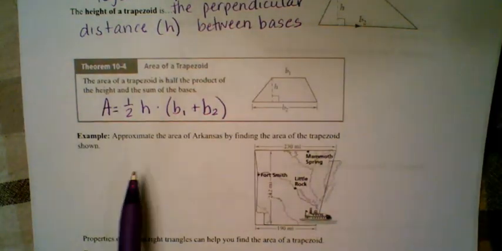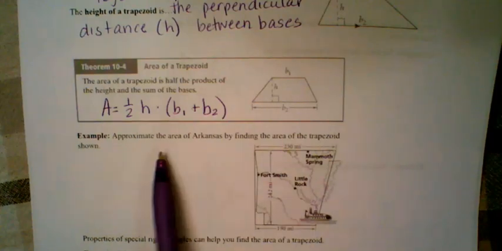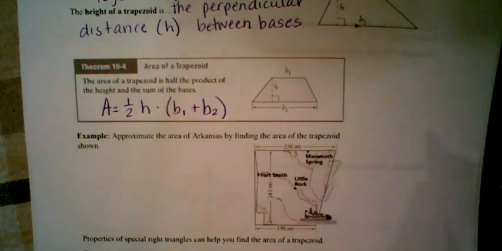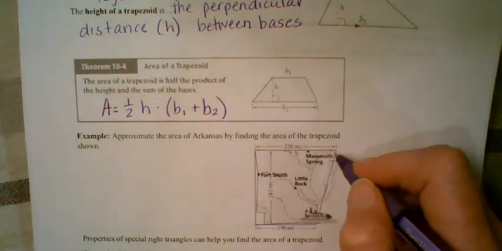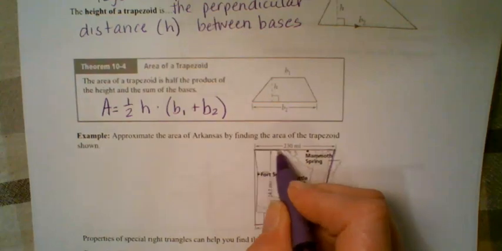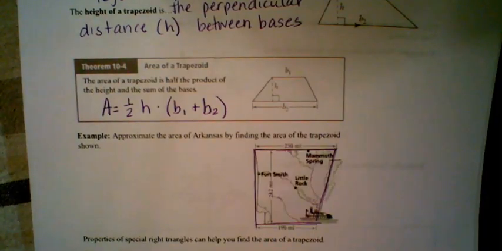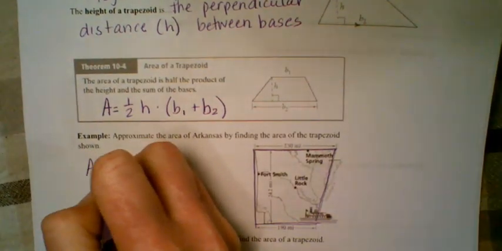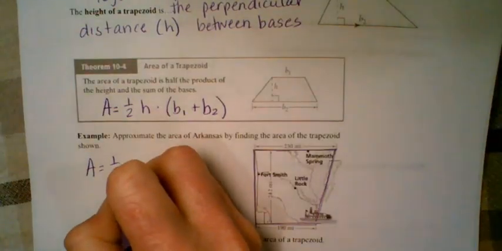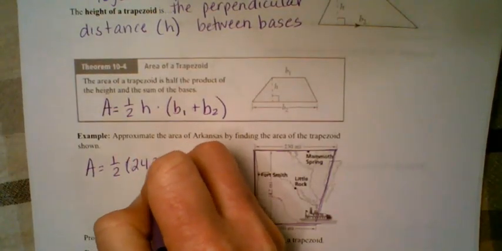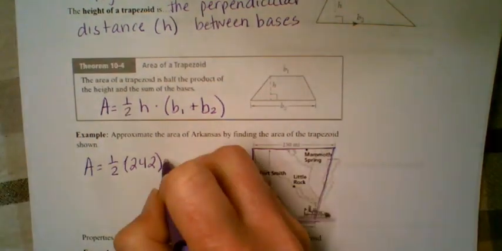It says approximate the area of Arkansas by finding the area of the trapezoid. So you'll notice that the trapezoid is here to here, here, and here. So we have area is equal to 1/2 the height, which looks like 242 miles, times base and base.